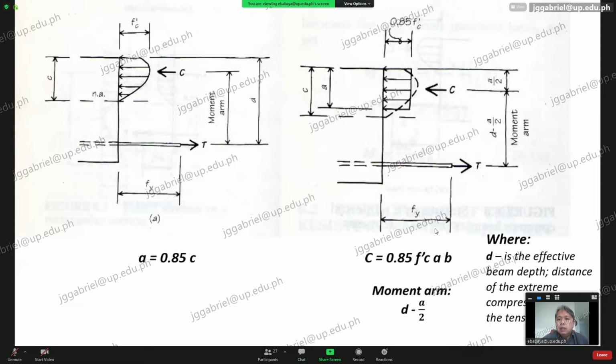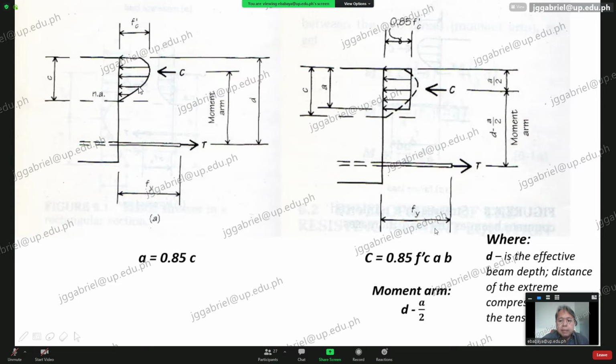Now, in the analysis, we assume actually the stress due to the concrete to be this stress block. It will be difficult if we assume this curve.